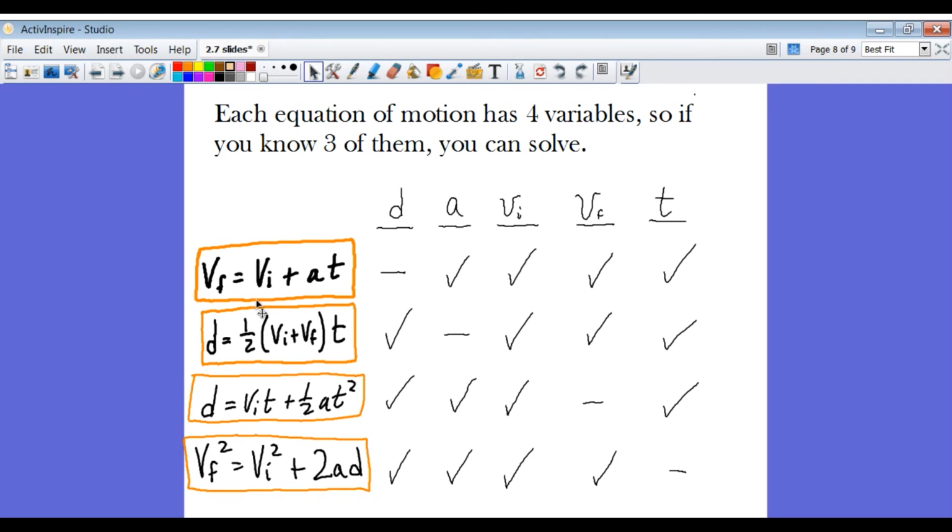So if you know 3 of these 5 variables, you can pick an equation that has those 3 and solve for the 4th. And once you know the 4th, you can pick another one. In other words, you only need to know 3 of these 5, and that will allow you to solve for all 5.